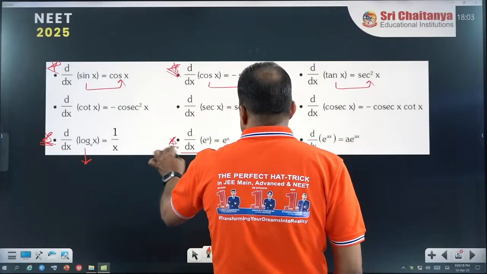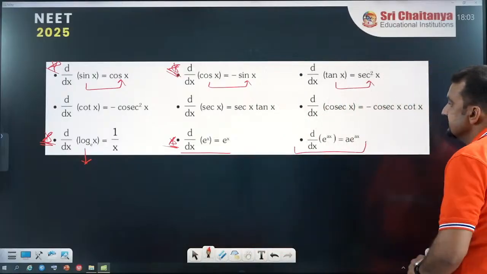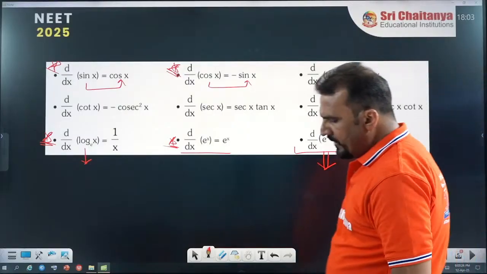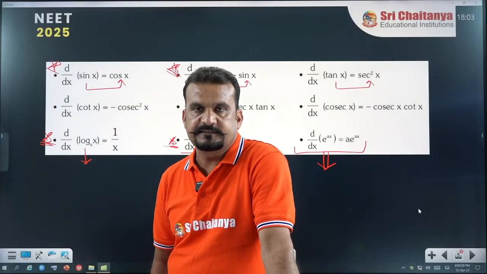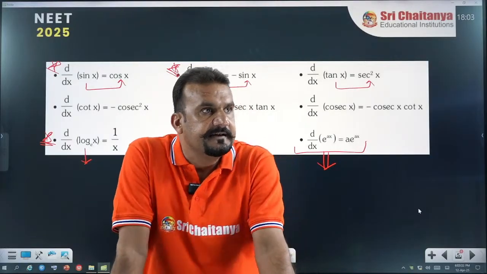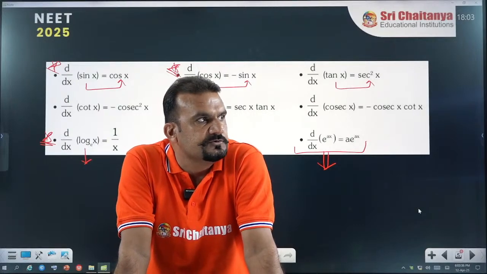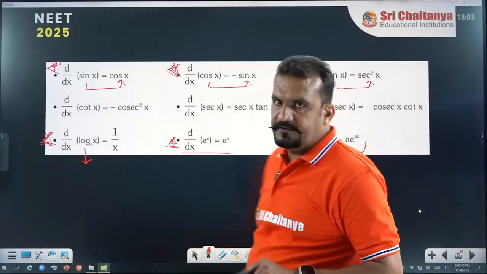Differentiation of e power x is equal to e power x, and there is the chain rule that I will teach you in today's lecture. If it is given as e power ax, then the differentiation is a multiplied by e power ax.